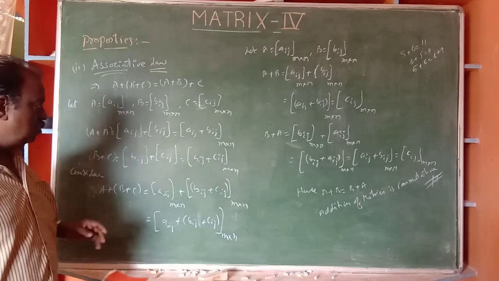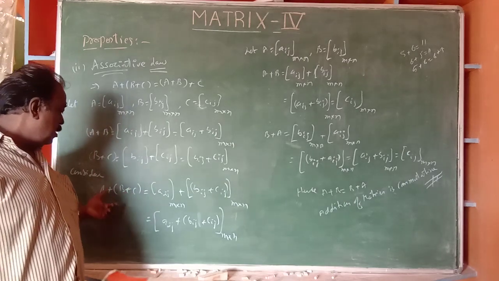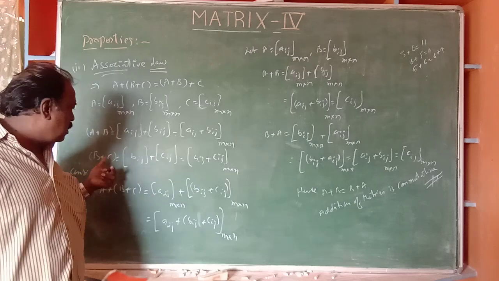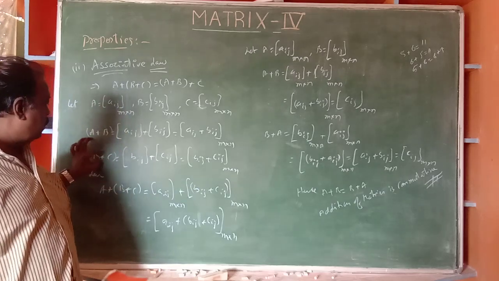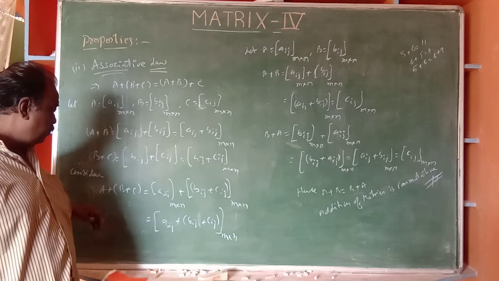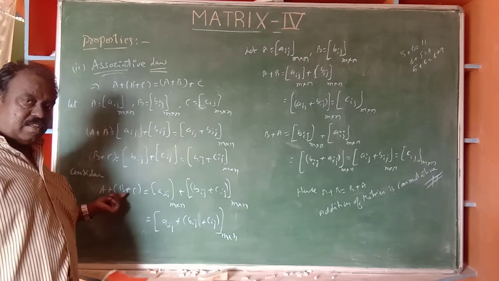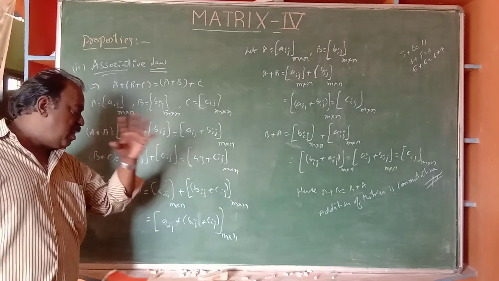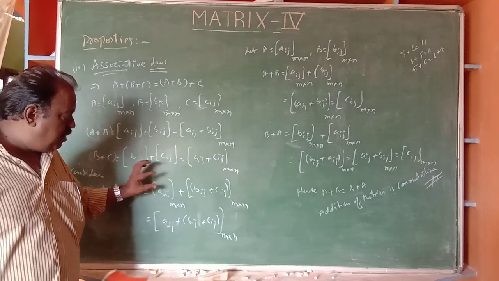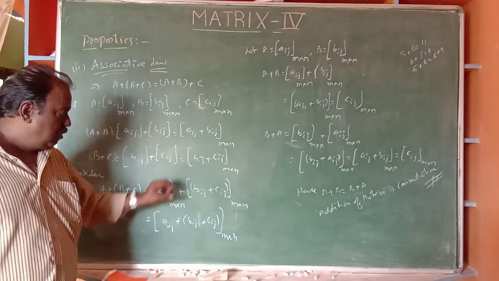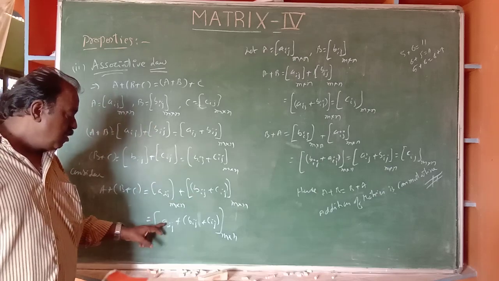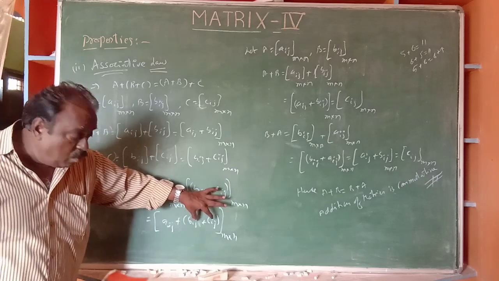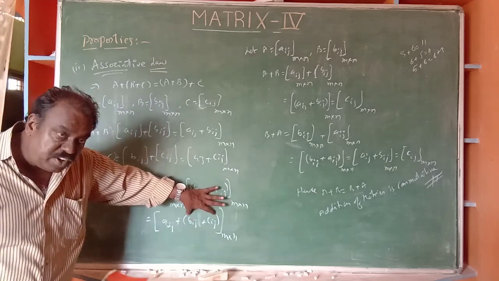You see, don't get confused now. A is a matrix, B plus C is again a new matrix. Already we solved B plus C and A plus B separately. Now I am considering A plus B plus C: Aij plus Bij plus Cij. Here by definition I am adding the corresponding elements. Try to understand.